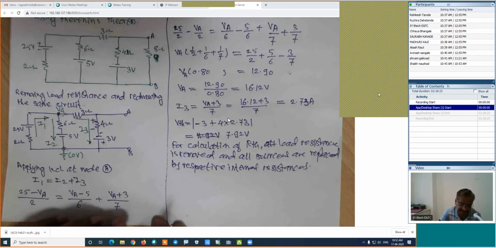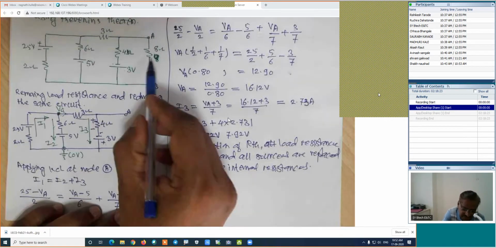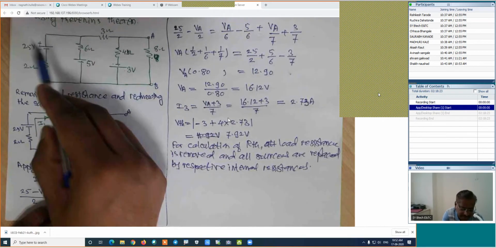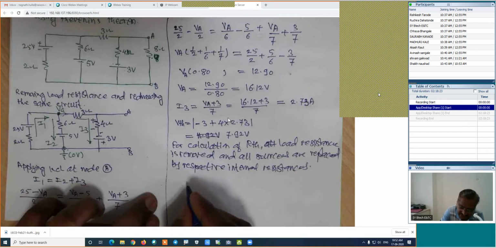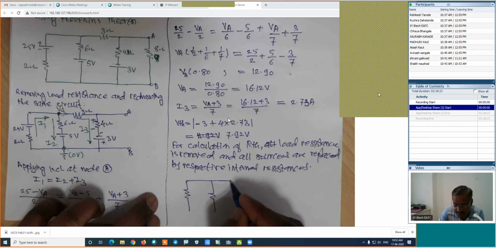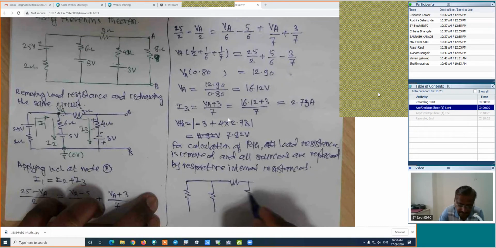Now look at it. If this load resistance is removed, this source will be replaced, this source will be replaced, and this source will be replaced by its internal resistance. This figure will be something like this. Is it right?